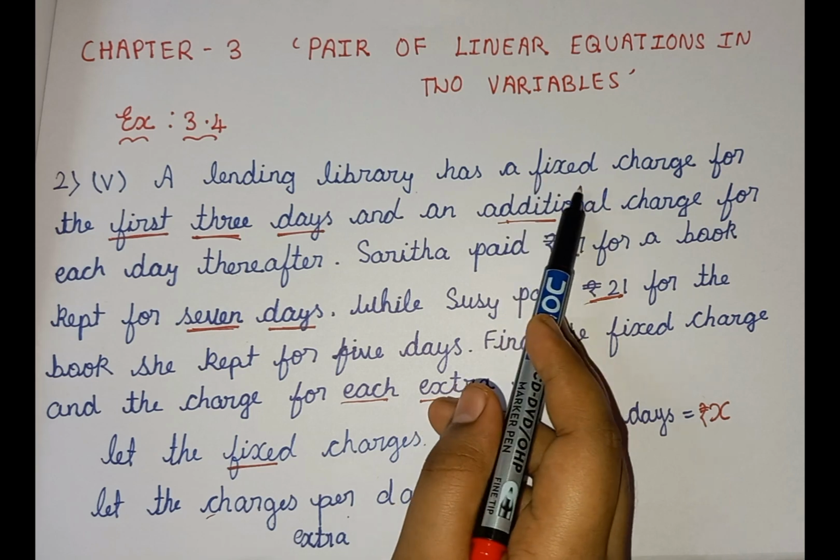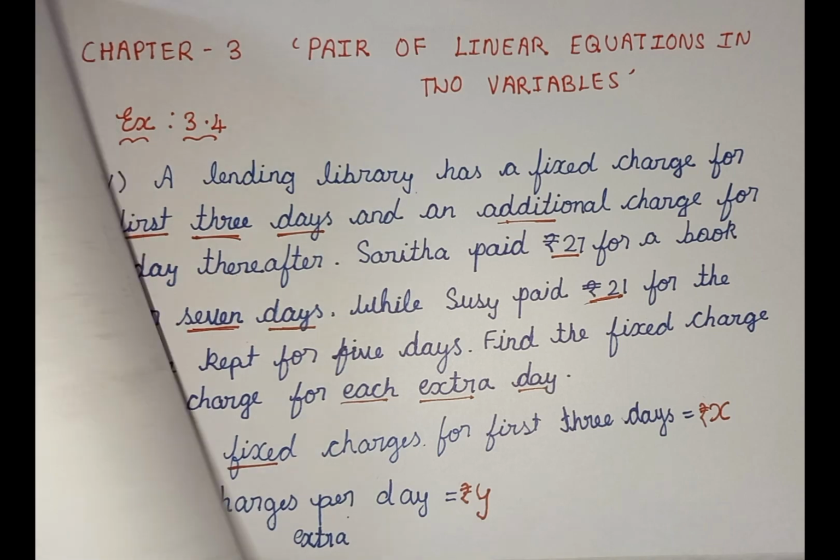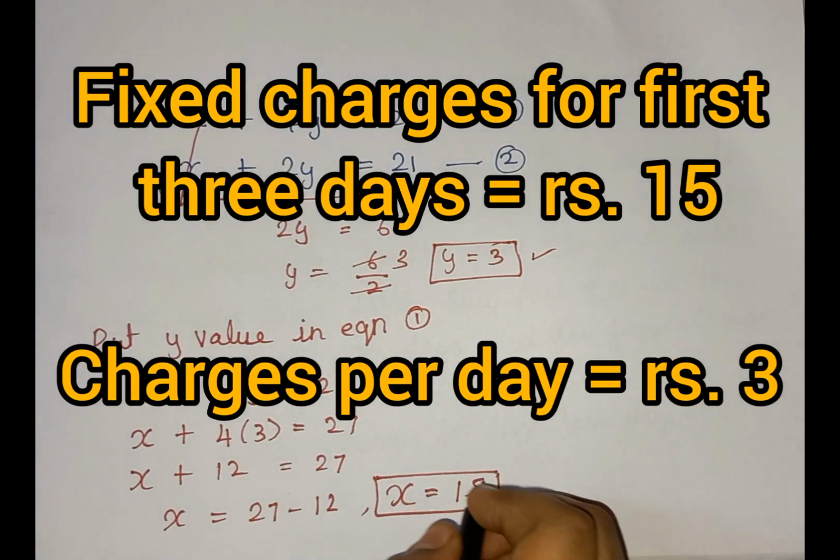They just mentioned fixed charge and additional charge. So the fixed charge is 15 rupees, and the y value is 3, right? So the charge per day is 3, because we got the y and x values.